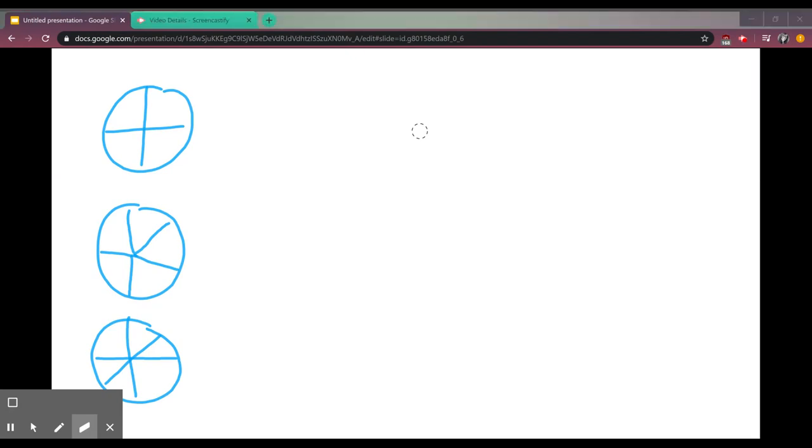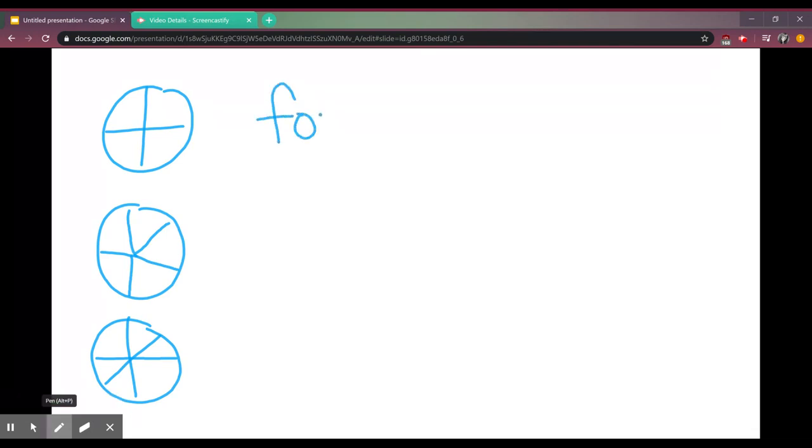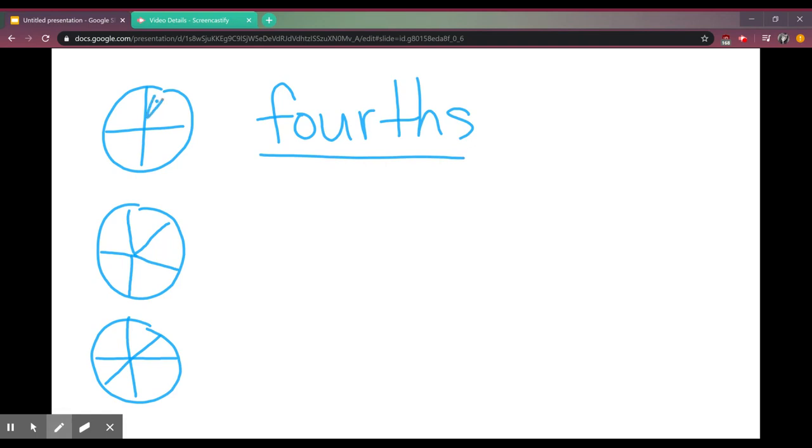Like this one right here has 4 pieces, so you just say the number but then add THS. So instead of 4, it's fourths. So if we had 2 colored in, it would be 2 fourths.